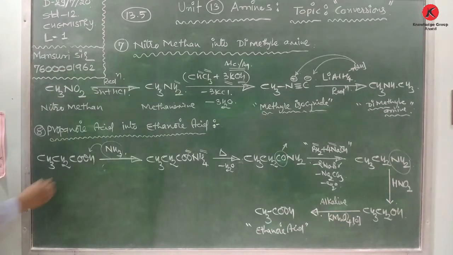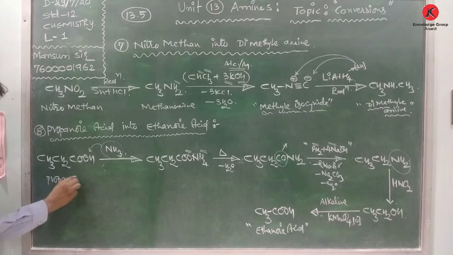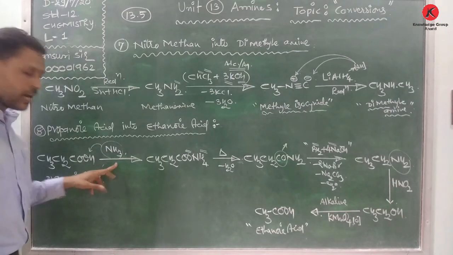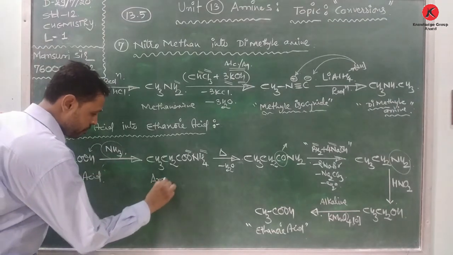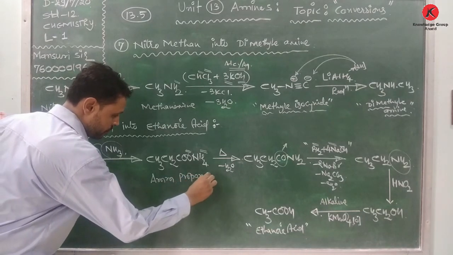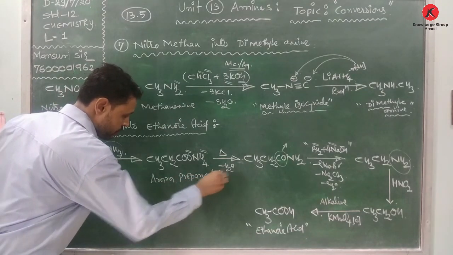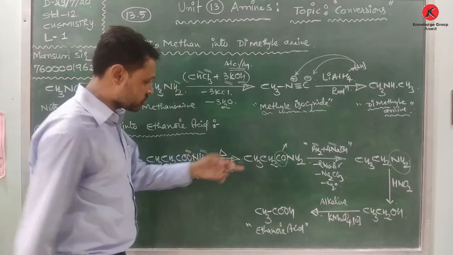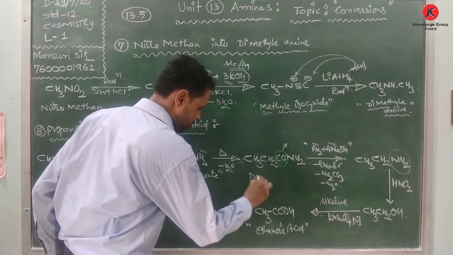So here we can write propanoic acid. Thereafter, by using ammonia, ammonium propanoate is formed. Thereafter, by using some heating, propanamide is formed.